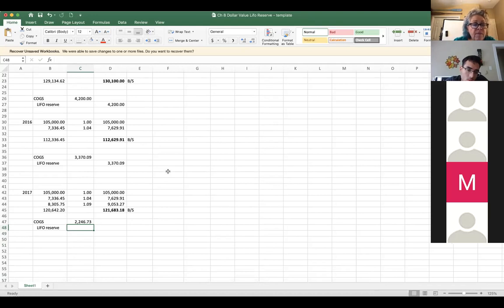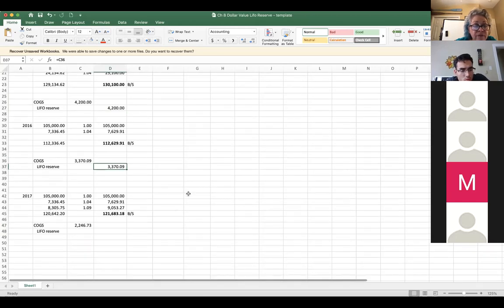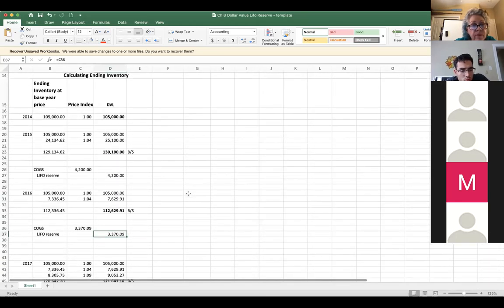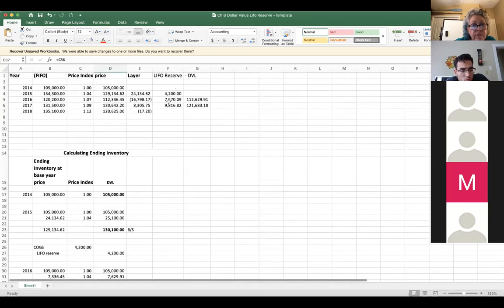What is the unadjusted balance in your LIFO reserve account right now? We credited it here for 4,200. We credited here for 3,370.09. So what is the unadjusted balance of your LIFO reserve account? $7,570.09.